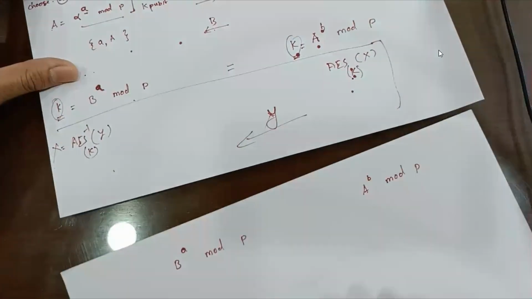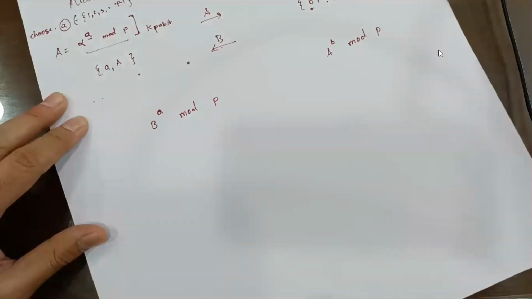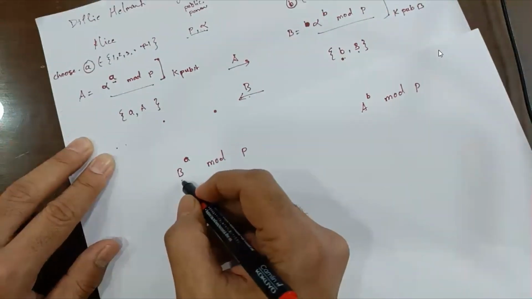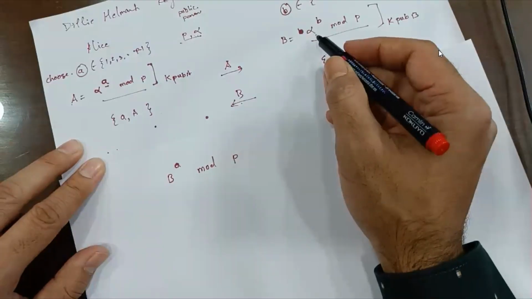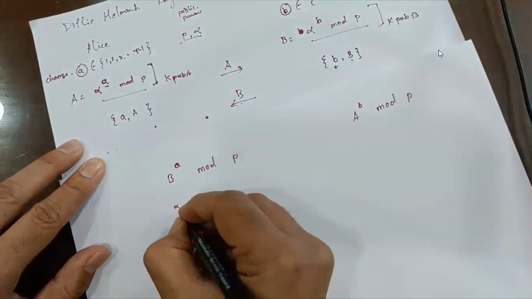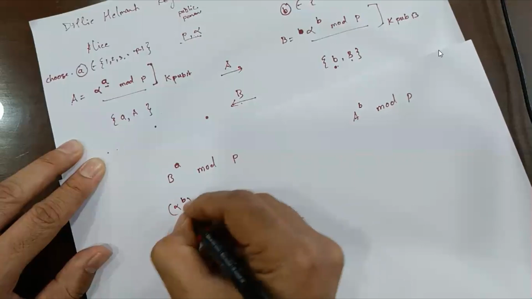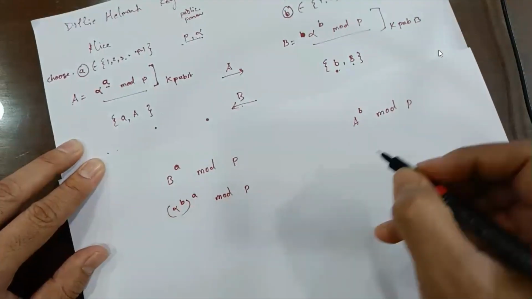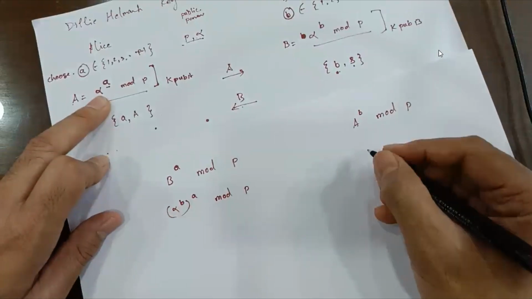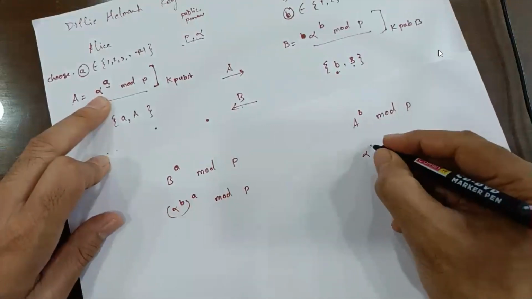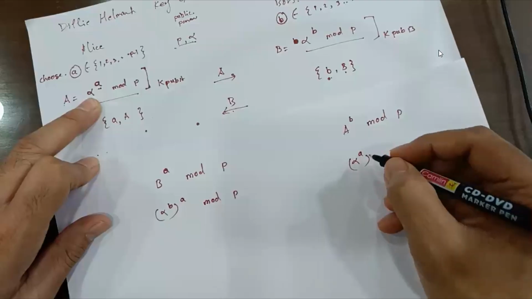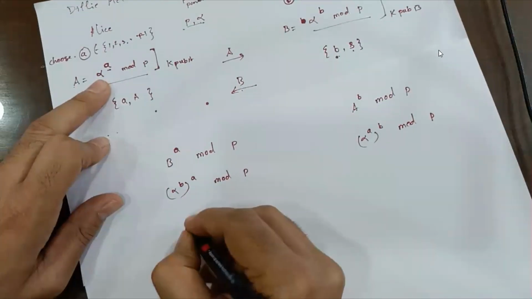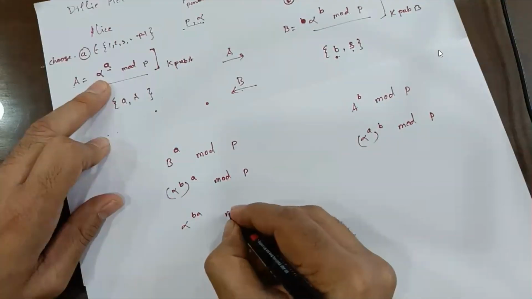Okay. Now, can we replace b here? What is b? How you have calculated b? That is alpha raised to b. Okay. So we'll replace b here. And what is a? It is alpha raised to a. Let us replace that with a raised to b mod p. And you will come to know that both are same.